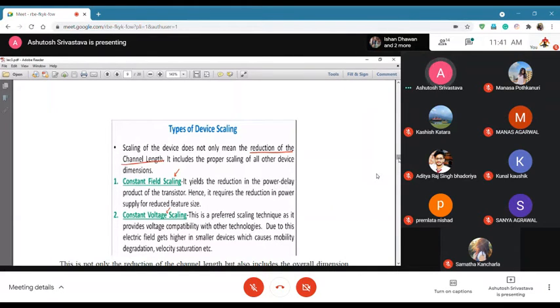So remember, whenever we are going for improvement in our technology, we have to make sure that it is compatible with some of the previous generation.